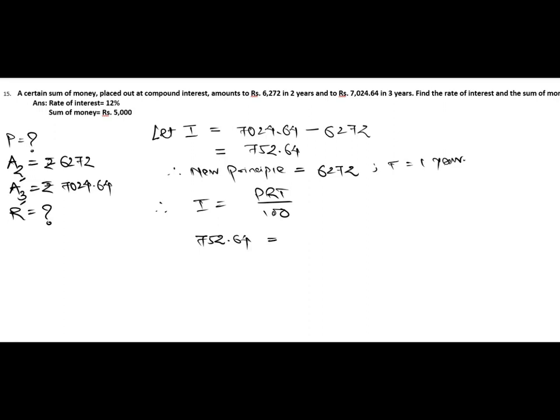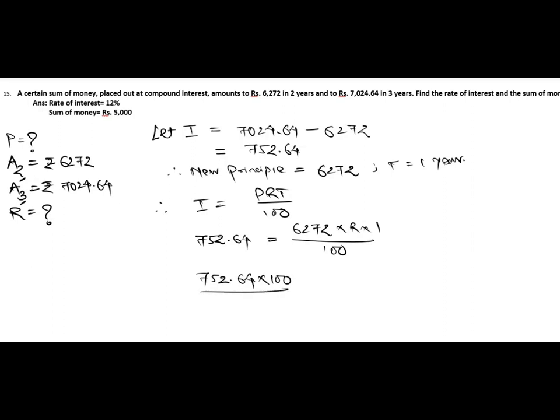Okay, so the new principal is 6272 multiplied by R multiplied by 1 upon 100. 100 goes over to that side. This becomes 752, not 725, 752. So such mistakes happen even in writing. I can very well relate with you guys when you are making silly mistakes.